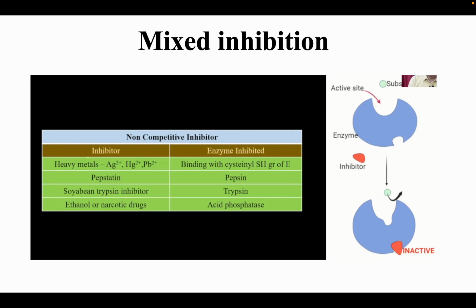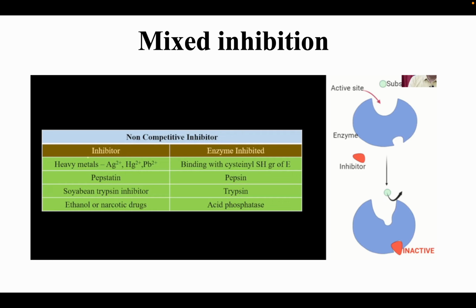So this is an example of mixed inhibition. We have different heavy metal inhibitors like Ag2+ and Hg2+, which inhibit by binding to the SH groups in the enzyme.